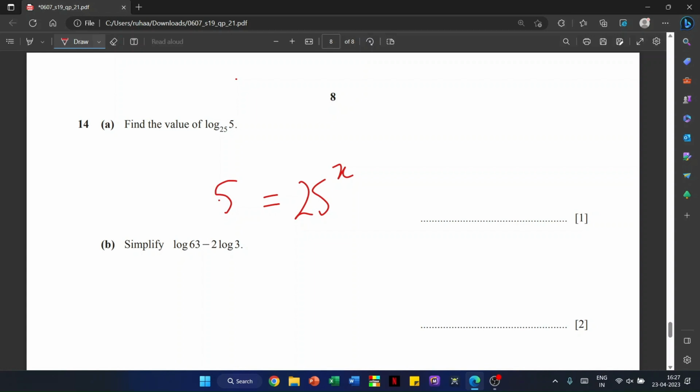Simply, root of 25 is 5, and root is nothing but to the power 1 by 2. 25 to the power 1 by 2 is equal to 5. So that's going to be the answer.